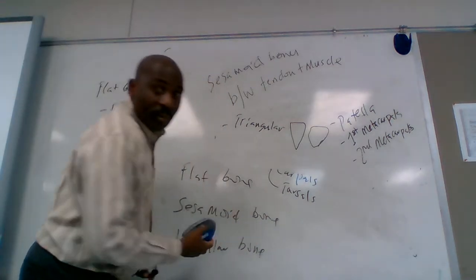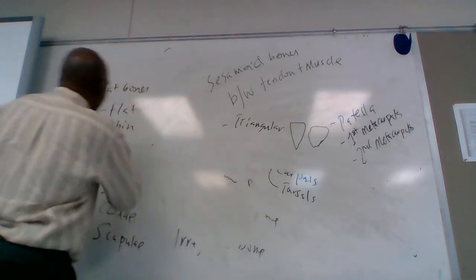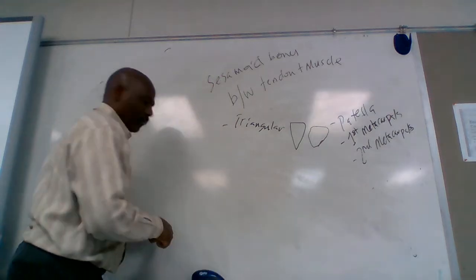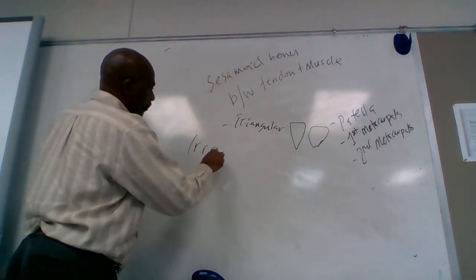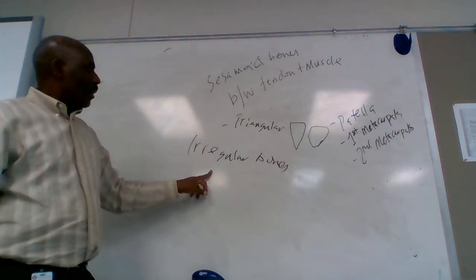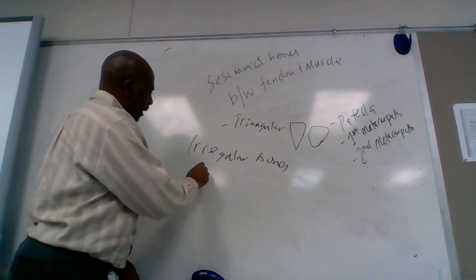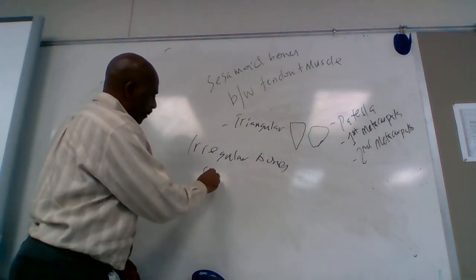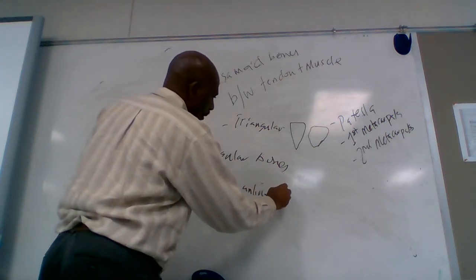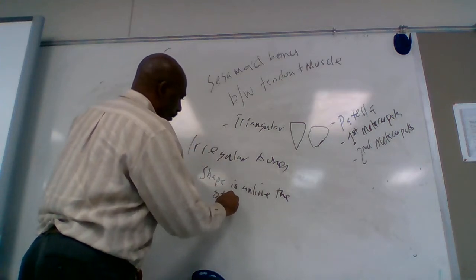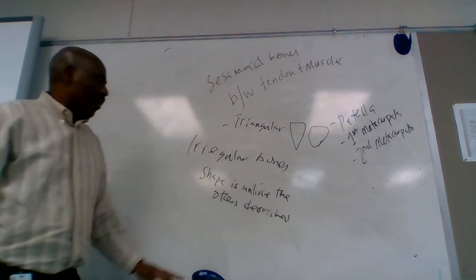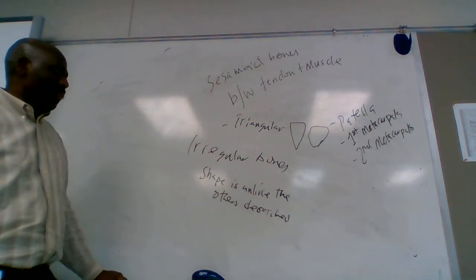Now the last shape is irregular. Irregular bones. Their shape is unlike the others described.